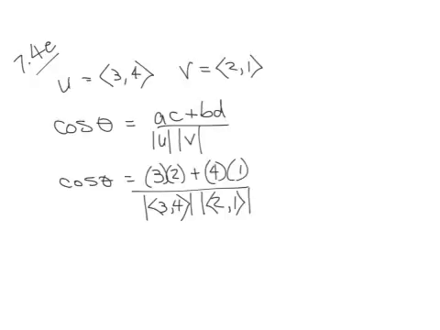And if you look at page 306, it was on the bottom of the page. We found that the absolute value of u and the absolute value of v is, if you remember, the square root of a squared plus b squared.